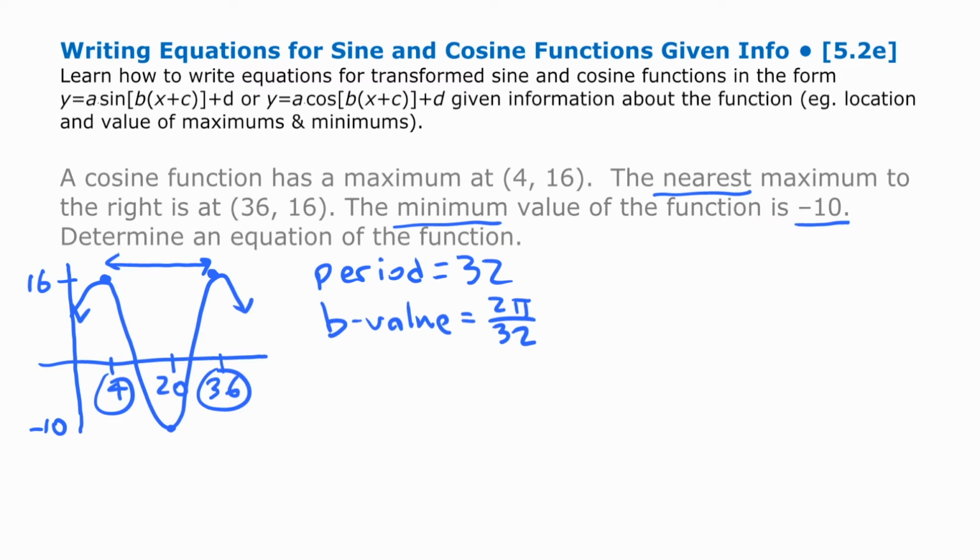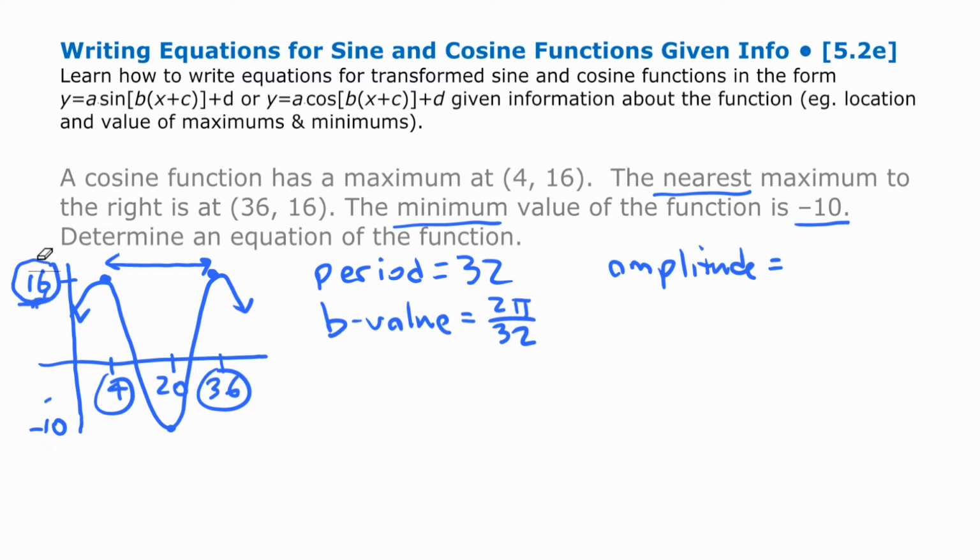The second thing we need to know here is, let's look at our amplitude next. To find our amplitude, we need half of the distance between those two, right? Because it's the middle to the top or the middle to the bottom.